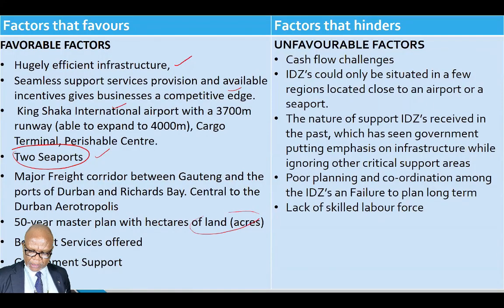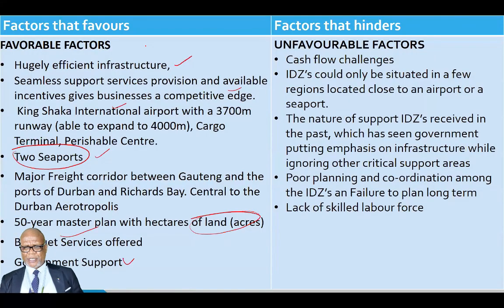There is large land that is used here for the Dube Trade Port, and there is a bouquet of services offered, and there is also government support that is favoring the industrial development here at the Dube Trade Port, because the Dube Trade Port is simply industries that are put together in one place so that they can support the export of finished products.